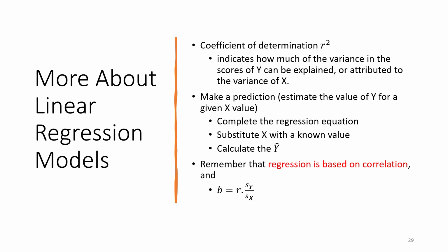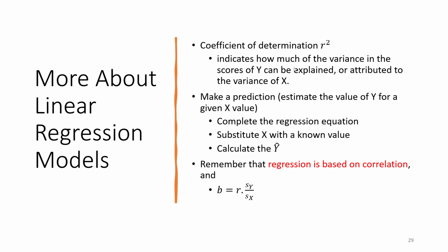Remember that regression is based on correlation. So the regression coefficient is related to the correlation between the dependent and independent variables. Mathematically, the regression coefficient equals the correlation times the ratio of the standard deviation of the dependent variable to the standard deviation of the independent variable.